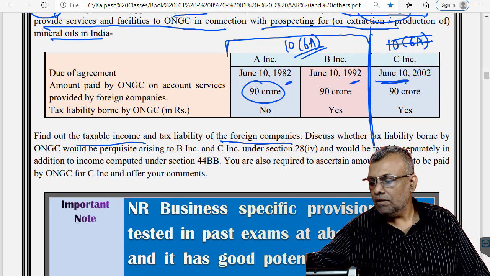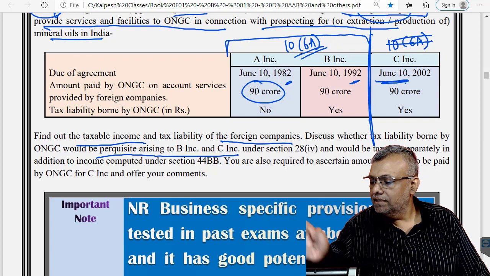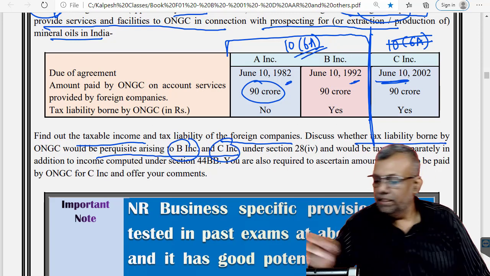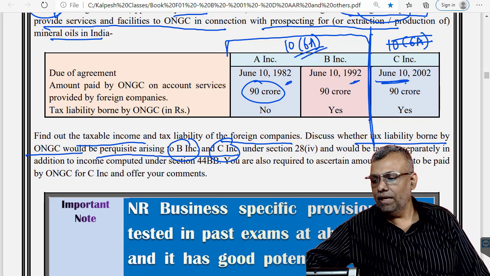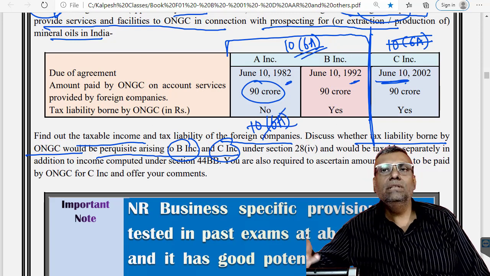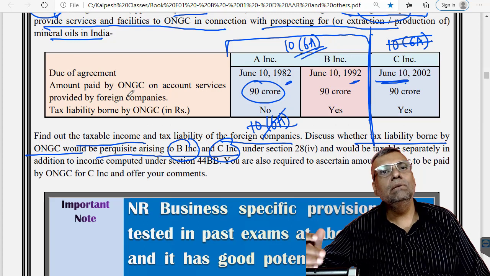Discuss: the tax liability borne by ONGC would be a perquisite arising to B and C, if the tax liability is borne by ONGC. Now for AINC, there is no question of 10(6)(a) coming, because ONGC is not paying the taxes of AINC. AINC has got a gross income of 90 crores, so AINC will do its own computation and pay its own taxes.